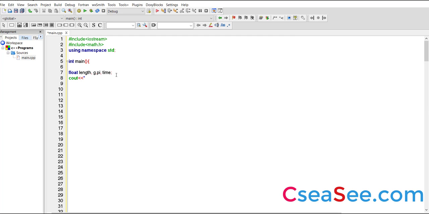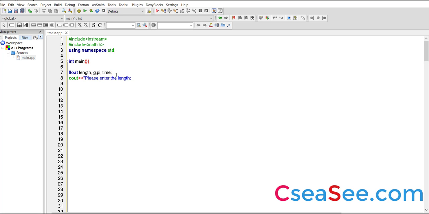So as I mentioned to you, I would like to evaluate root of L over g. Right. So I will ask the user, please enter the length. Right. The user is going to give me the length, and I will receive the length using cin.